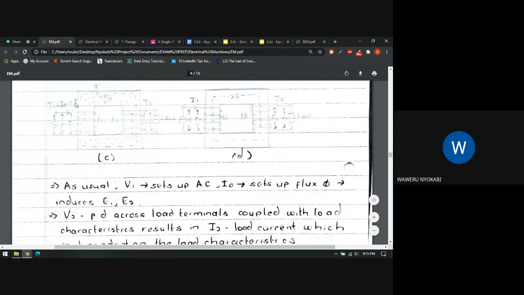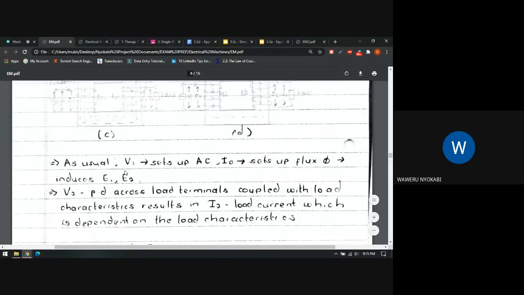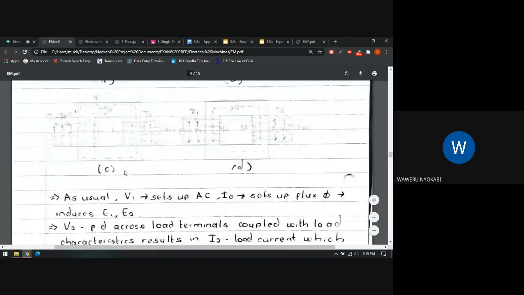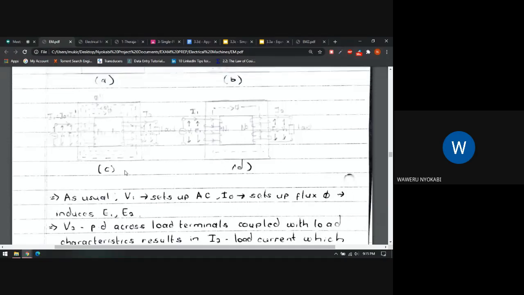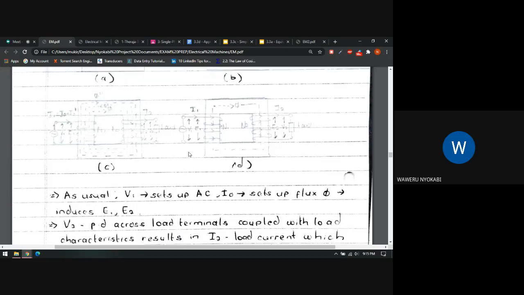So it will be I2 prime. Now to answer the question, why is it sometimes called a demagnetizing current? I thought it's just because it sets up a flux which opposes the original flux, which then reduces the overall flux.